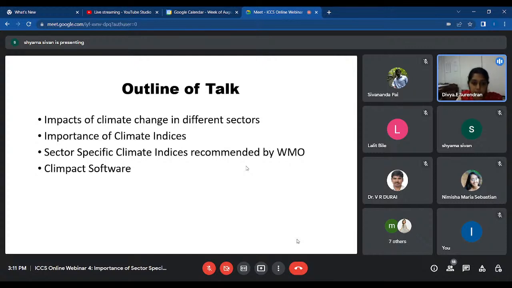Then sector-specific climate indices recommended by WMO, and the indices which I prepared using the software, and how the Climax software is working.